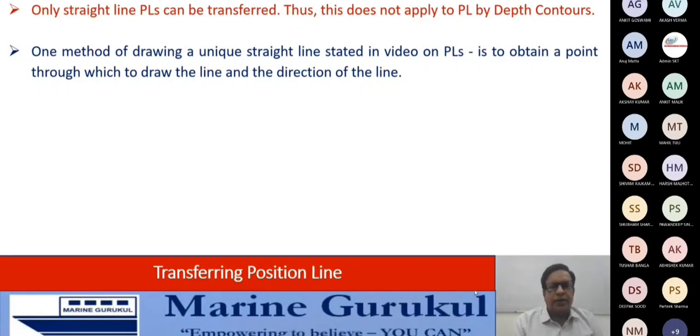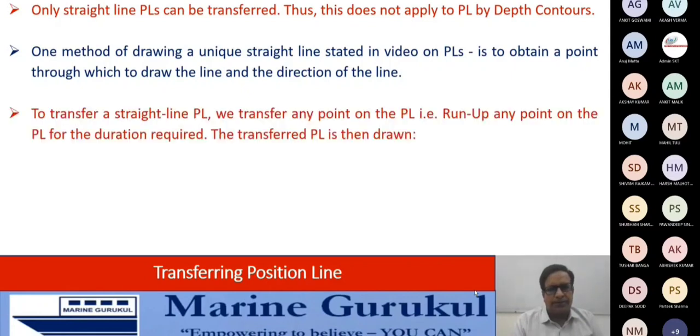In context of the PL, this becomes a point through which to draw the PL and the direction of the PL. To transfer a straight line PL, we transfer any point on the PL. We take up any point of our choice. We run it up for the duration for which the PL has to be transferred.